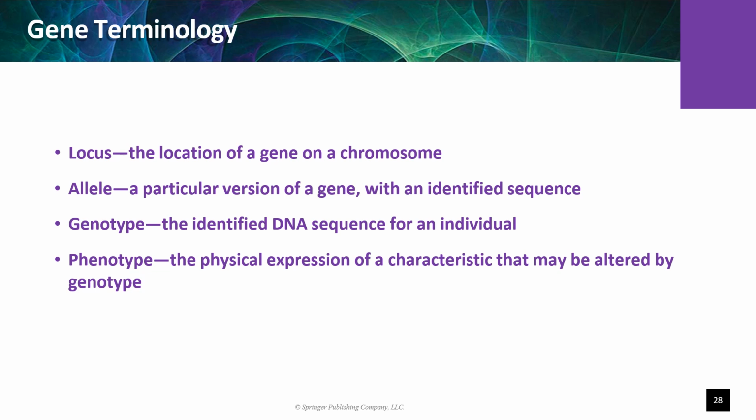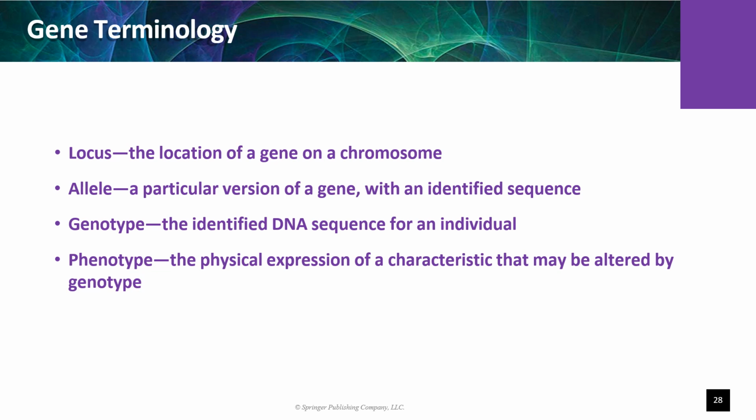There are 2 copies of each gene, one on the maternal chromosome and one on the paternal chromosome. The copies may be identical or they may have a small or large difference. Each of the gene versions is an allele. An individual may be homozygous at a given gene locus, with maternal and paternal alleles being identical, or the individual may be heterozygous with 2 different alleles at the locus.